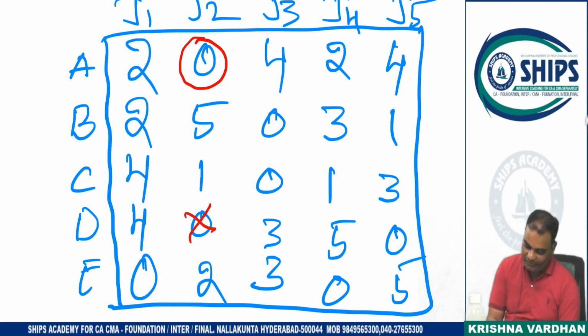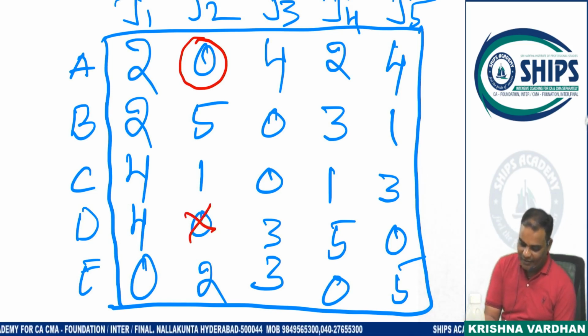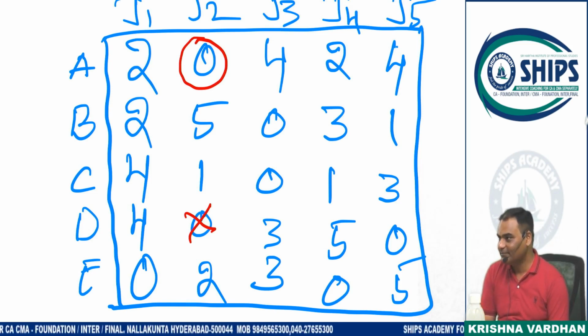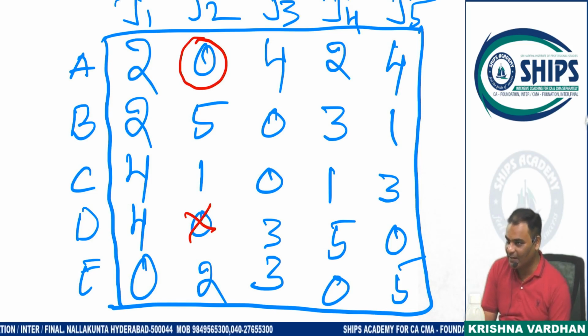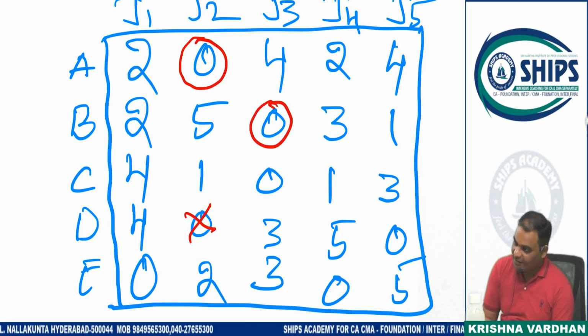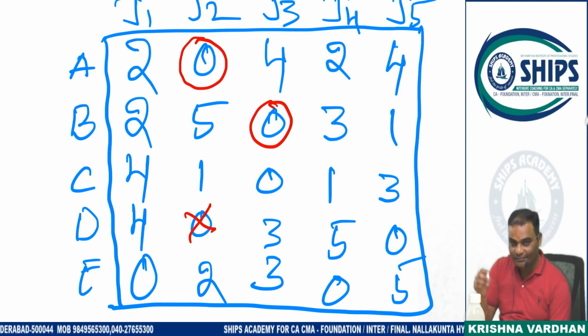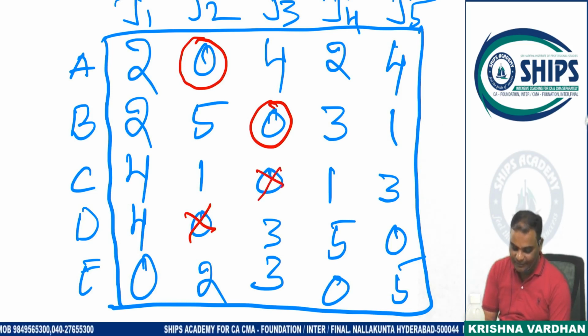What should I do? Strike off, cancel them. Go to B row. See if there are zeros, only a single zero. Select. Check the J3 column. Are there any zeros? Cancel them. Go to C row.